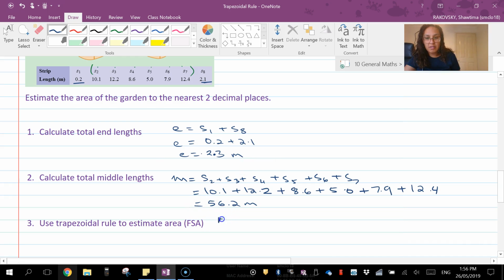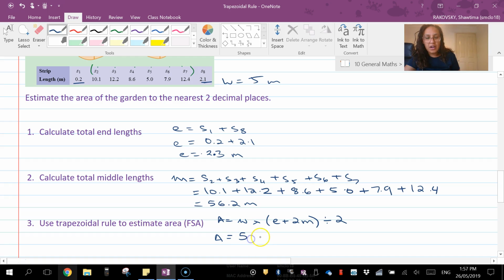Area equals the width times the ends plus 2 of the middles, divided by 2. Substitute the values I know: W equals 5 meters.